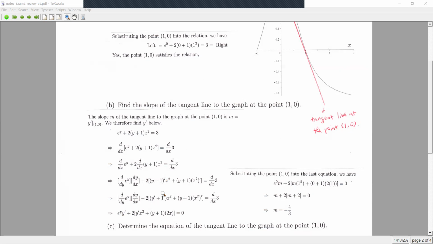The derivative of 1 is 0. So the derivative of y plus 1 times x squared is y prime times x squared. The derivative of x squared is 2x. The derivative of 3 is 0. So we have this equation.